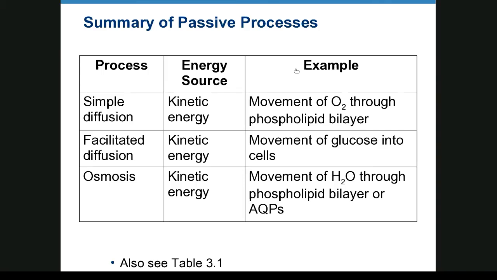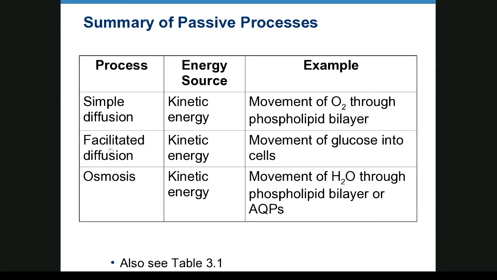Okay, this is a summary of passive processes. They all use the energy source, kinetic energy, because they're passive. They don't use energy from the cell. Simple diffusion is just movement of a substance from high concentration to low concentration. An example, movement of oxygen through the cell membrane, where you have a lot of oxygen outside it, not enough in it, such as around your lungs and the blood in your lungs, and the oxygen just diffuses across the membrane.